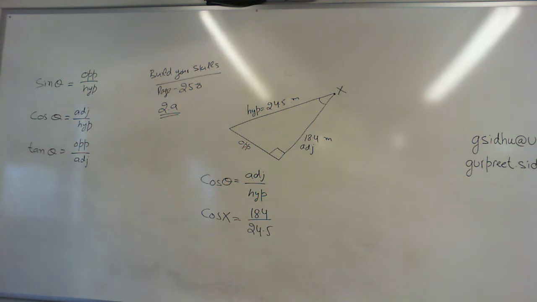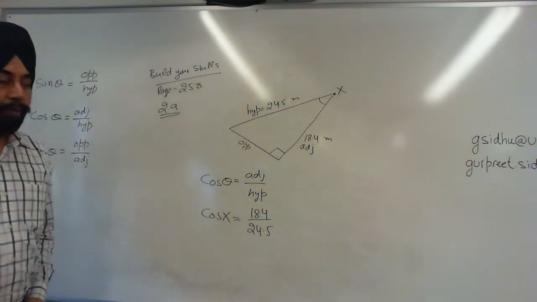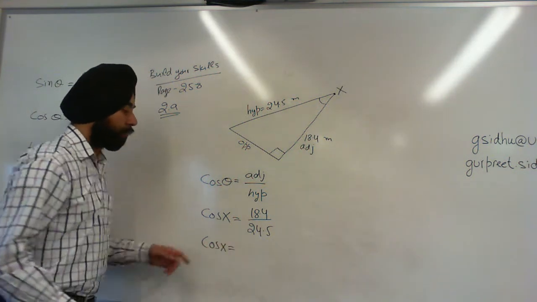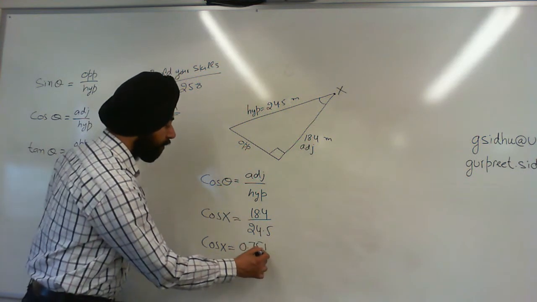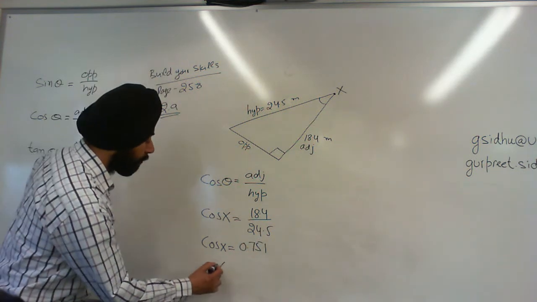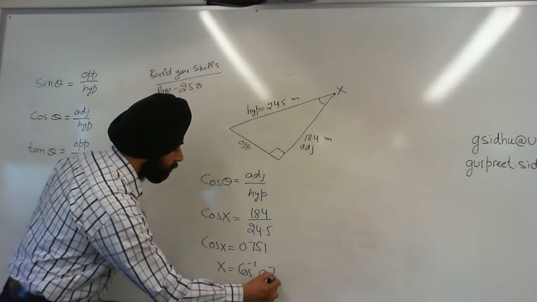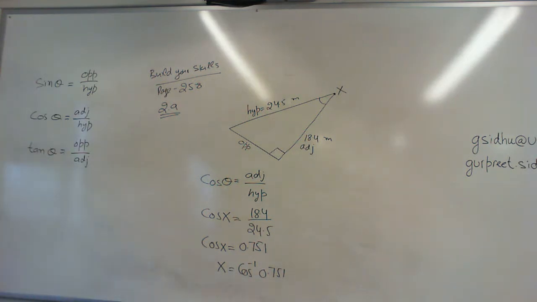So you will divide these numbers first of all. 18.4 divided by 24.5. What is that? 0.751. And then x will be equal to cos inverse of this number, 0.751. What is cos inverse 0.751?